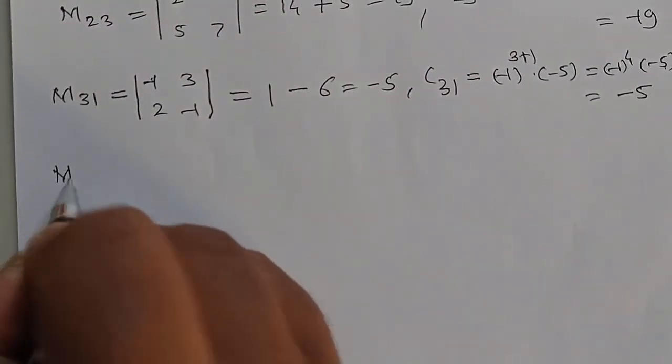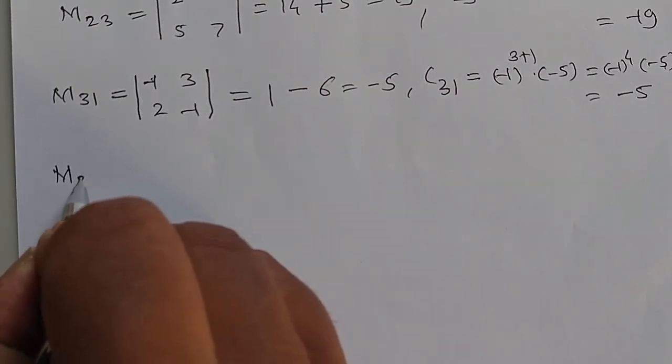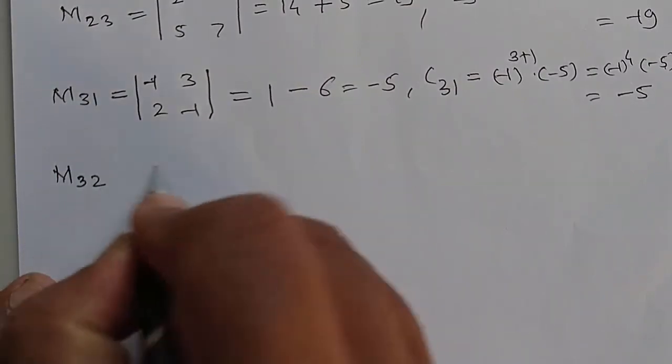Now, minor of the element at third row and second column.